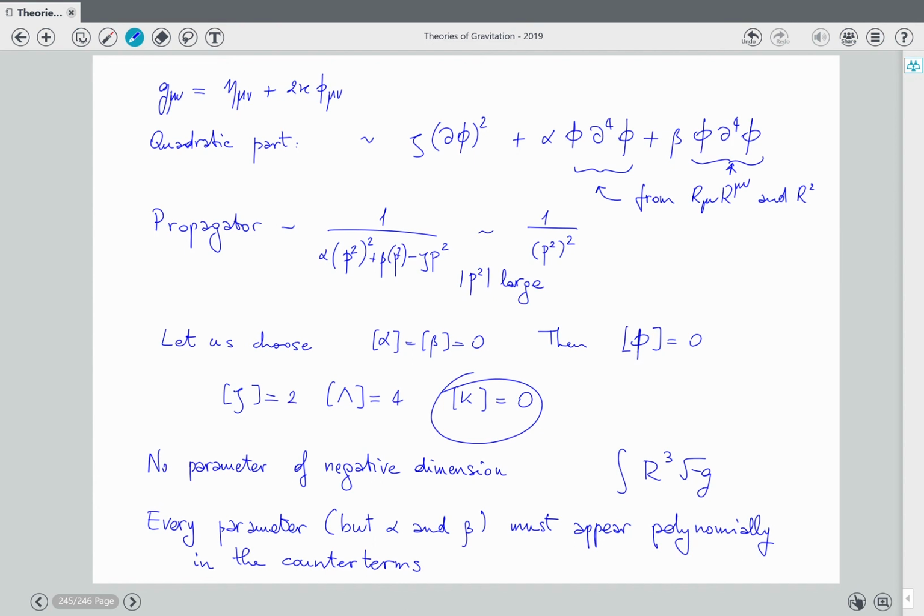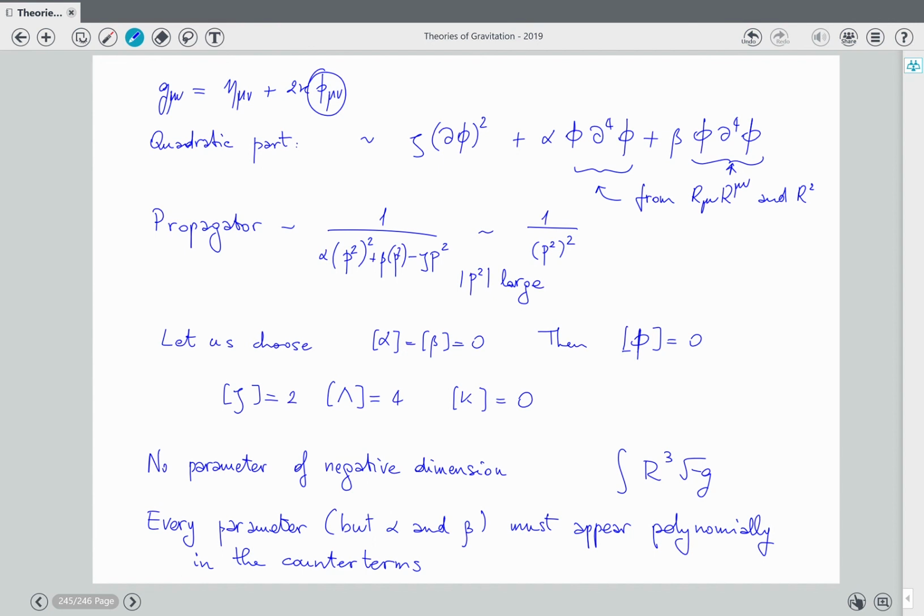So you cannot construct. You could say, oh, but there is phi now that has dimension 0. So a priori I can construct arbitrary functions of phi. But gravity, not quantum, or classical gravity, does not allow you to build arbitrary functions of phi. It's not a scalar field.